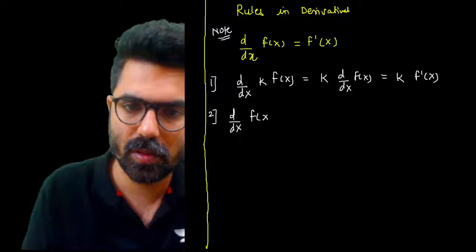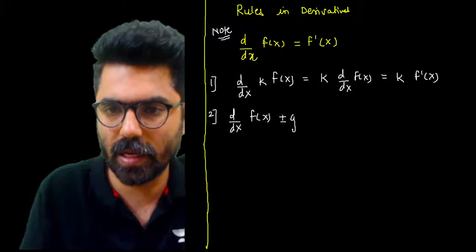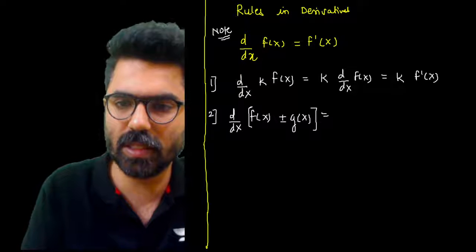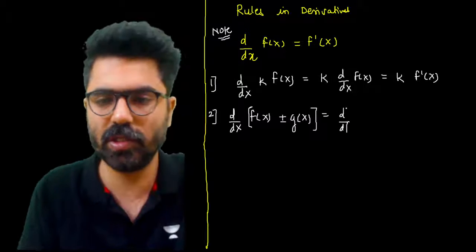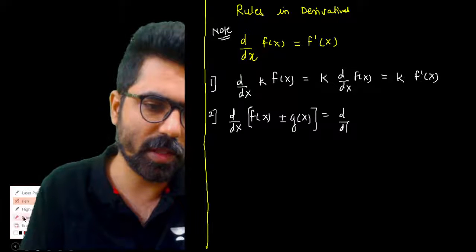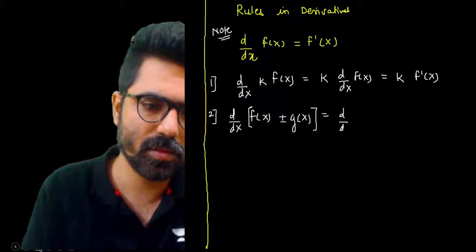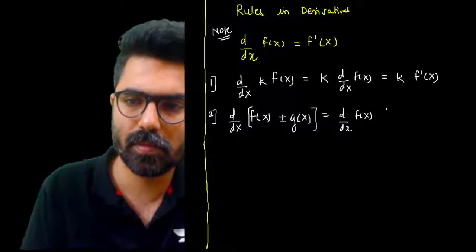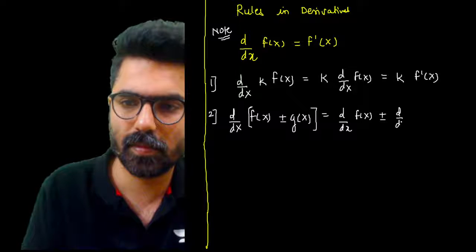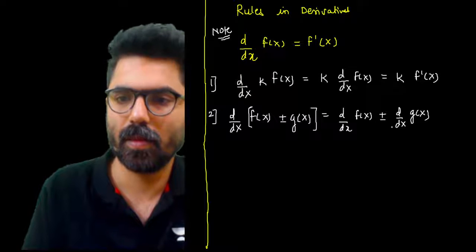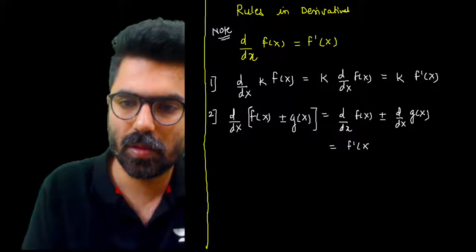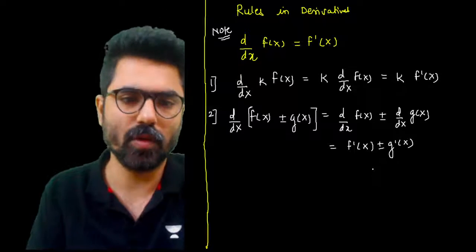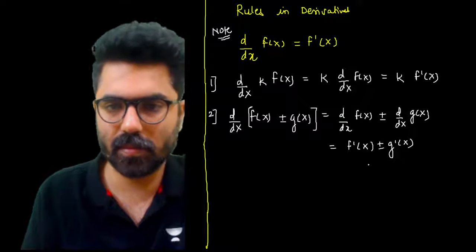Second rule, if there is a function and another function is getting added or subtracted, then you can separate the derivative over the addition or the subtraction. Now this will result into f dash of x plus minus g dash of x. Okay. So again, the basic rule.